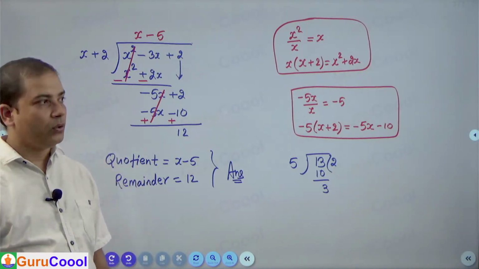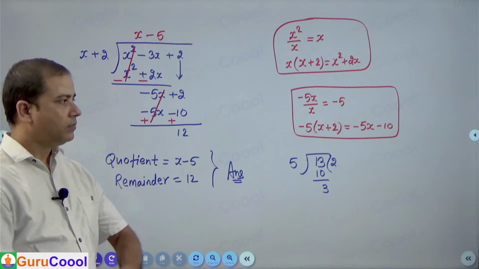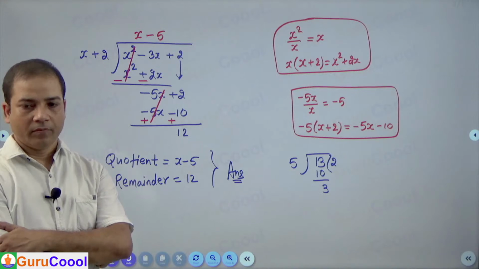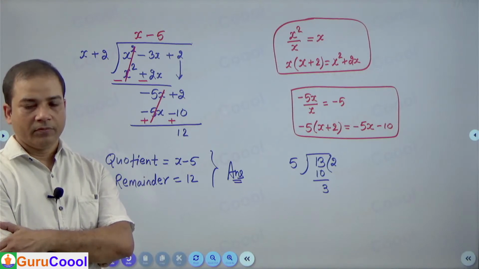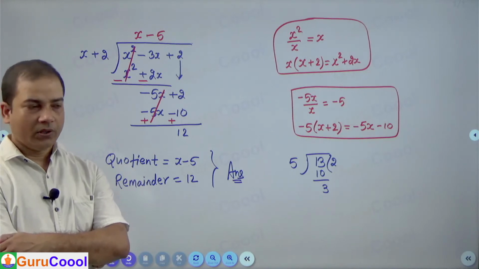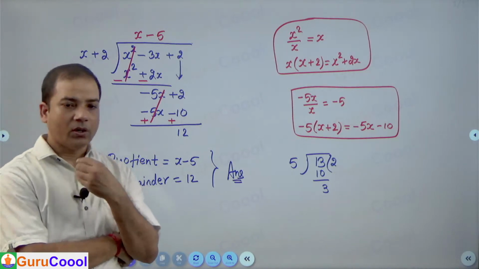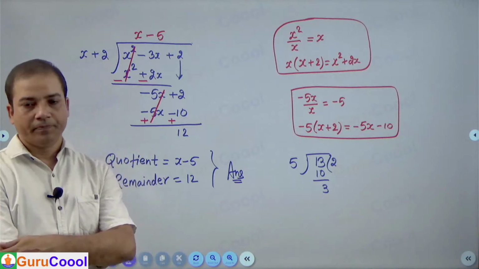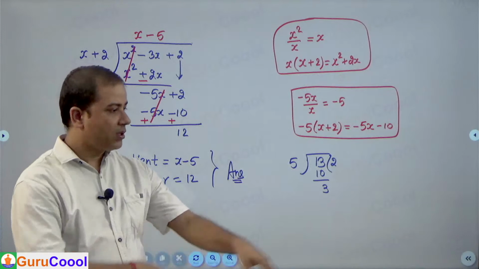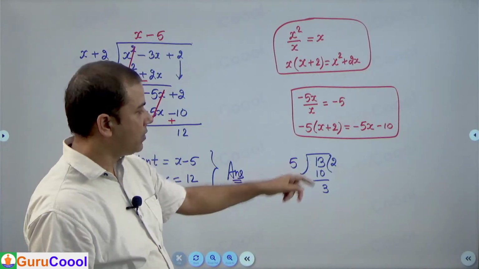How did you get no? Because remainder is not 0, that's why 5 is not a factor.